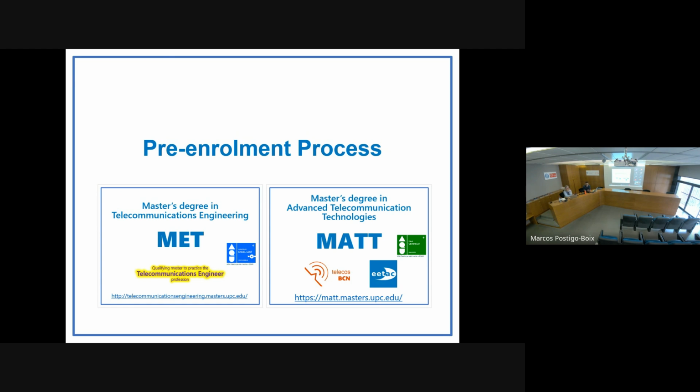And finally, the main difference is in terms of internationalization. You have more options in the master MATH, and also if you want to do internships, you have more options. And if you want to do research-oriented activities, you have more time to do these activities with a research group in the UPC, in a company, or in a research institute.